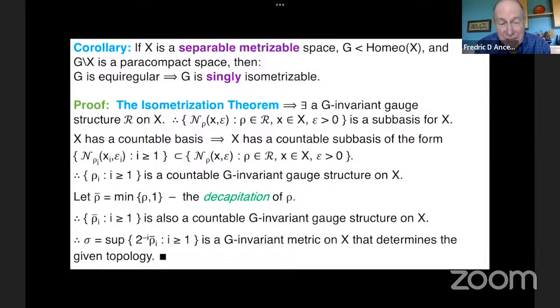That will give you a single invariant metric on the space that determines the topology. So this is sort of a standard technique. So if the space is separable metrizable and the group is equiregular, then we can reduce the gauge structure to a single element.